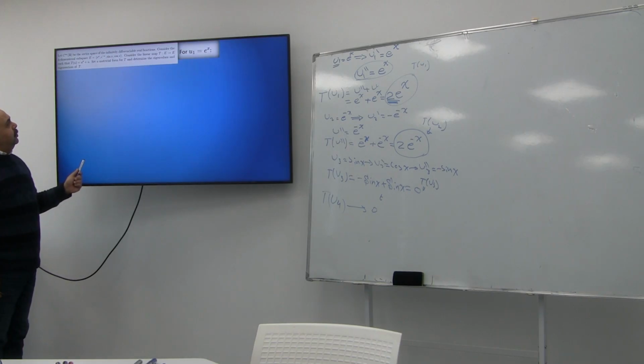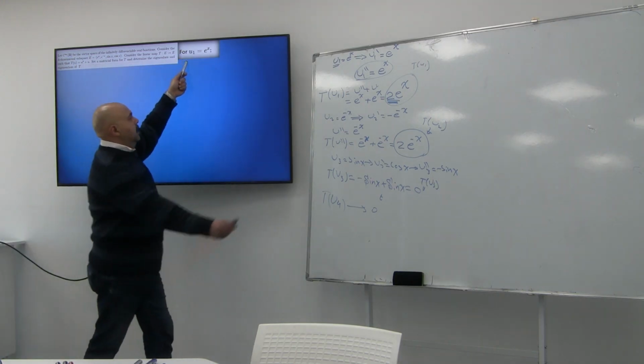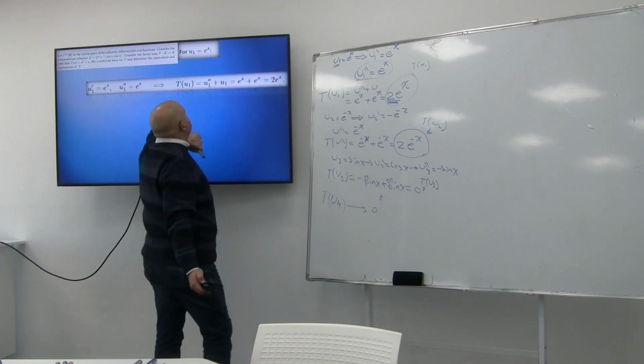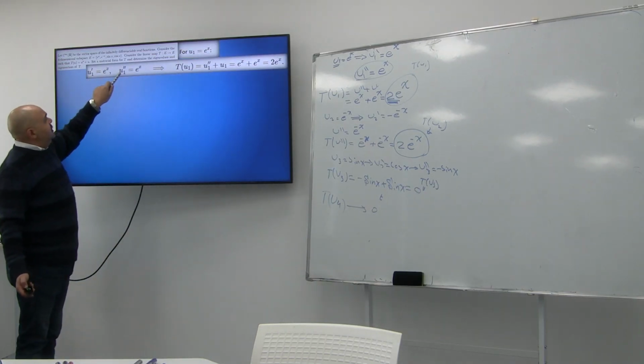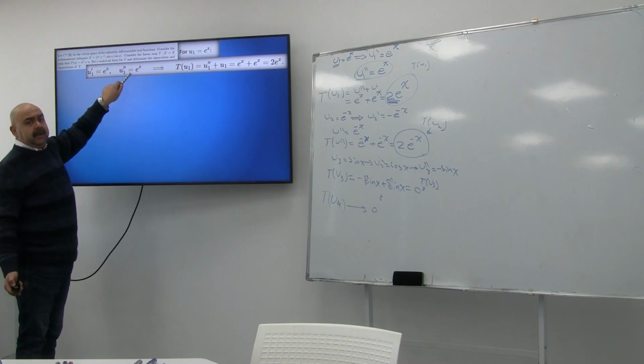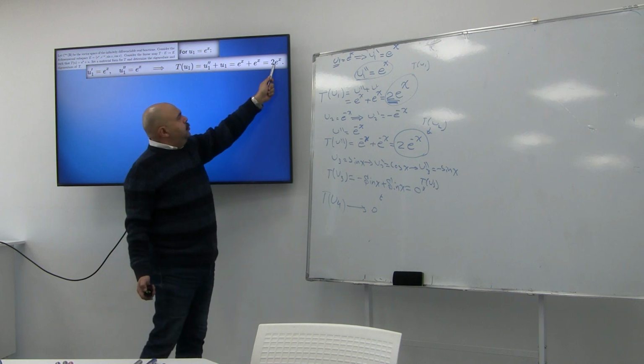Here we go, I will go with you step by step. This is u1 once more, e to the x. The first derivative is e to the power x, the second derivative also e to the power x. Performing the transform will lead you to 2e to the power x.